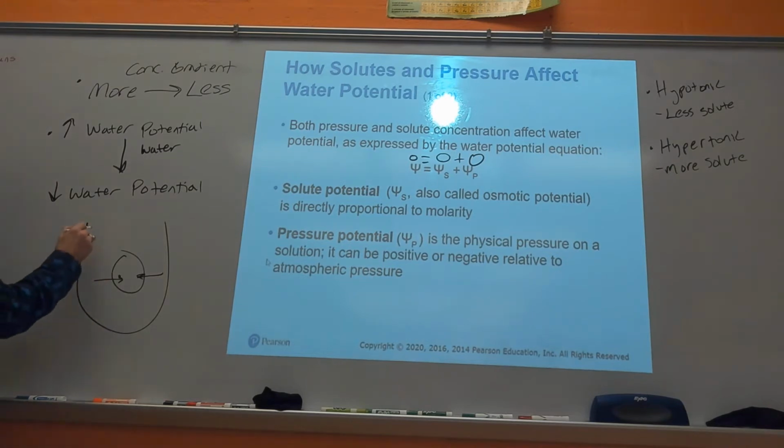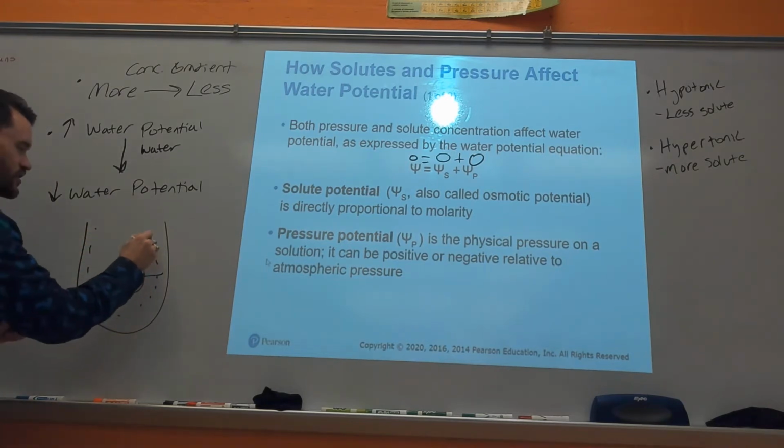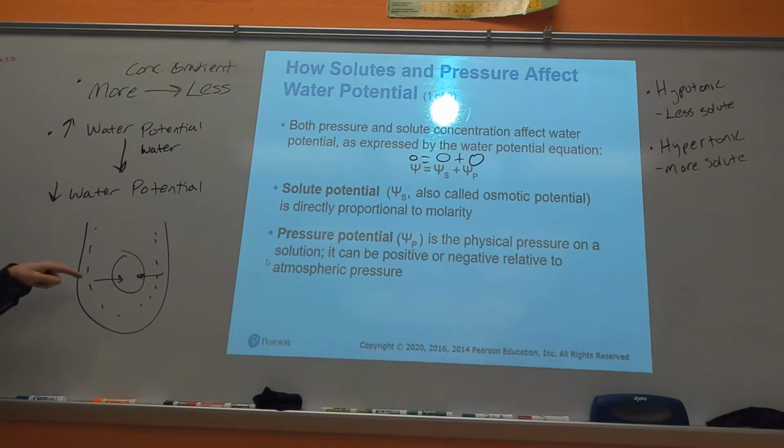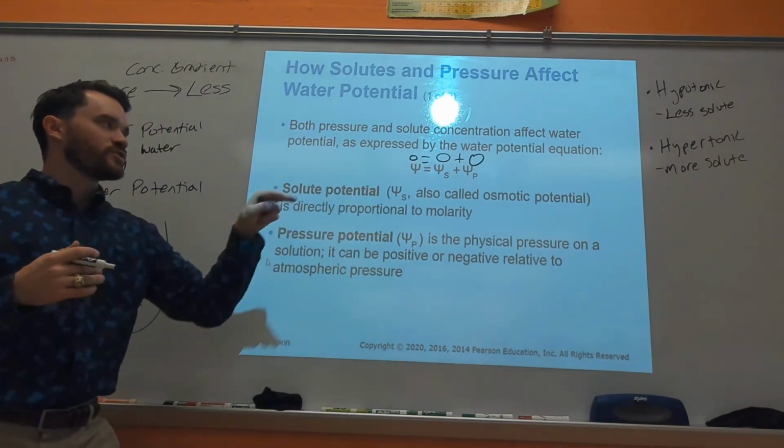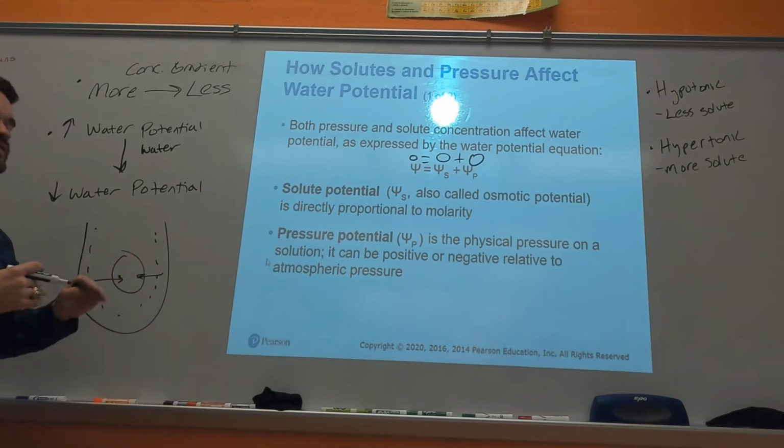By shortening the volume of the container, you're increasing the pressure that this cell is going to feel, and that's going to then drive the water into the cell. So it's kind of common sense, but if you increase the pressure, that's going to increase the water potential. The water is going to want to move on into the cell. Okay? All right.